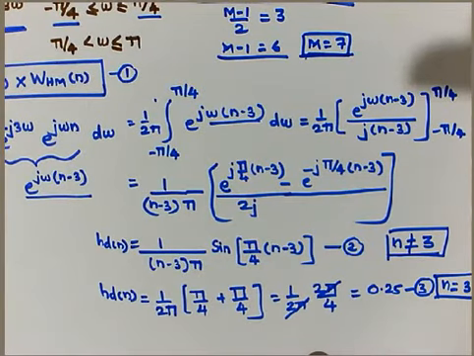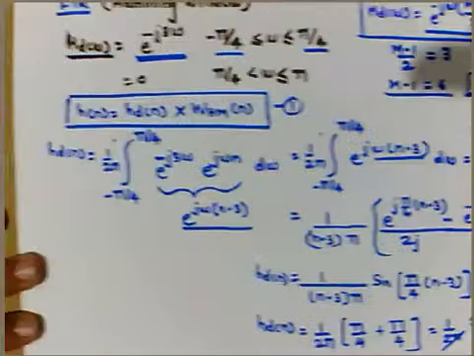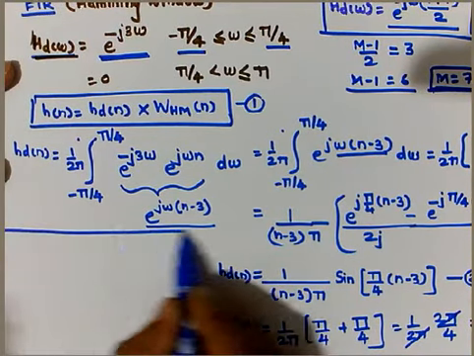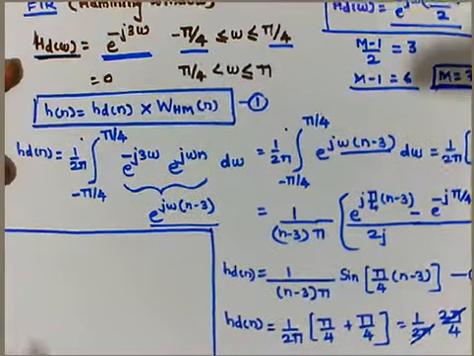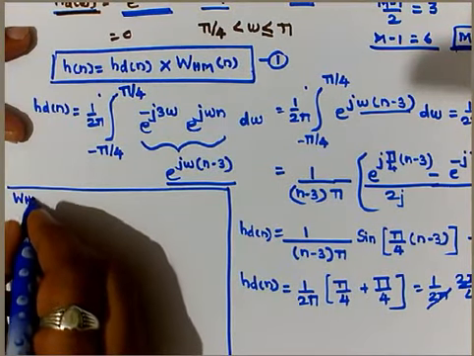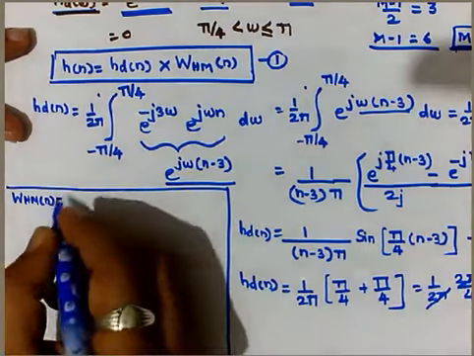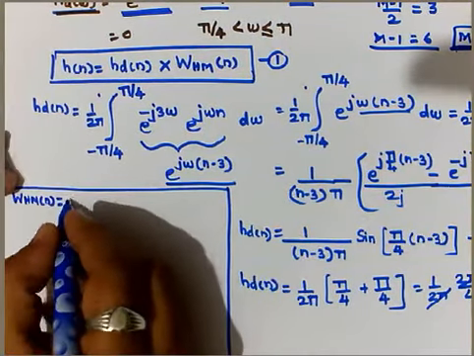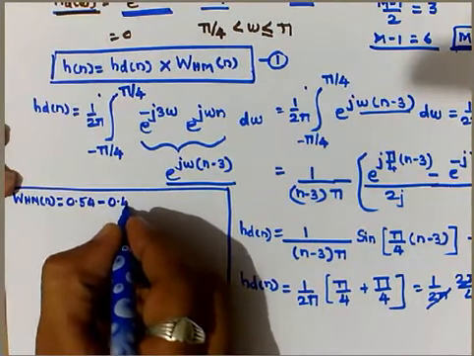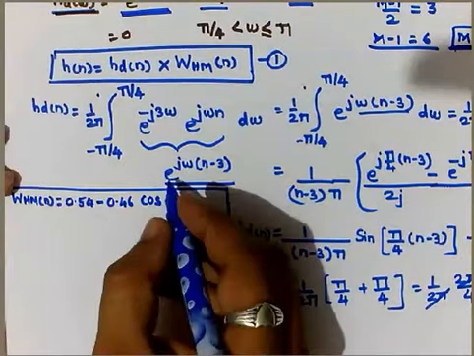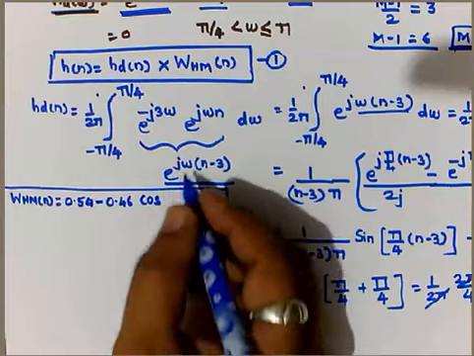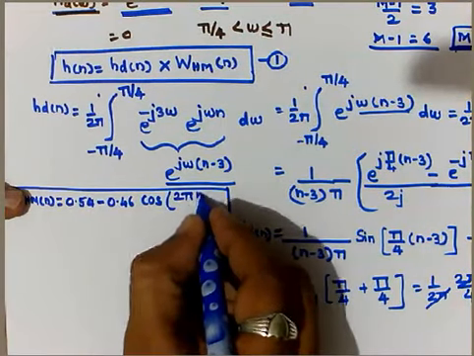But here the task is not done. We need to proceed for calculation of WHM also. So for calculating the WHM, let me just write it here. The equation for WHM of n is a simpler one, which we have seen in the earlier example also. 0.54 minus 0.46 cos of 2 pi n by m minus 1.